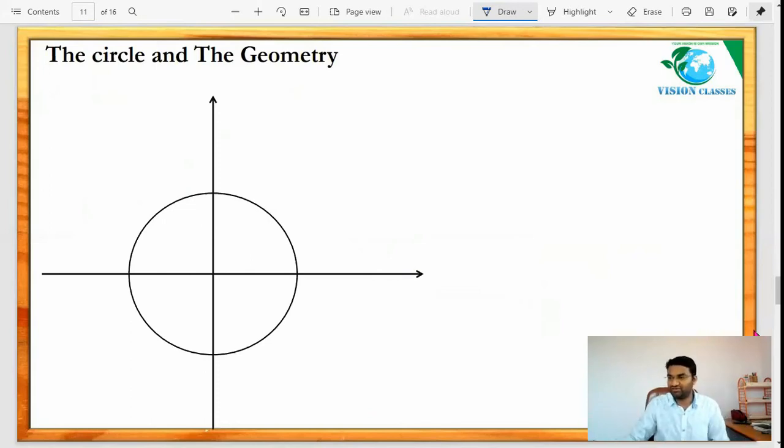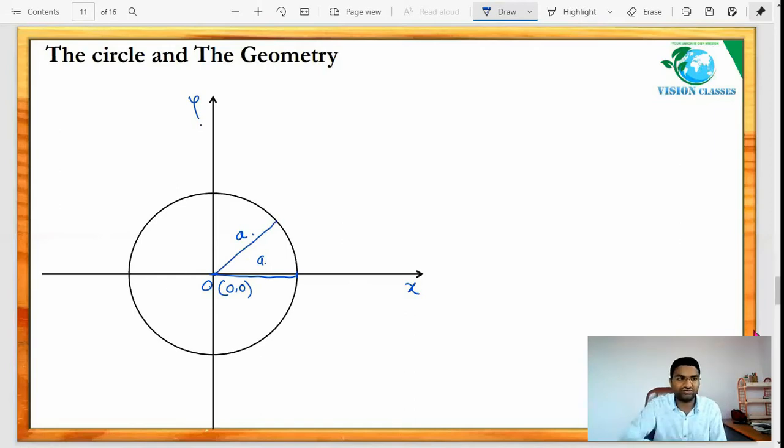Now, if this circle has diameter, let's say a, and center at the origin of x and y. Okay, origin O, this is the x-axis and y-axis, right? So a is actually the radius, isn't it? A is the radius of the circle.